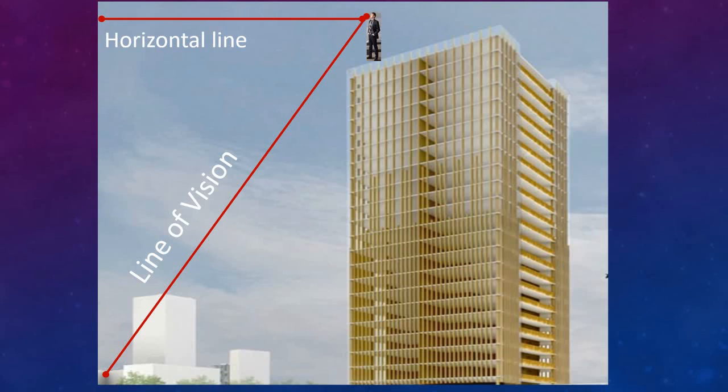So between the horizontal line and line of vision, there forms an angle. That angle is called as angle of depression. So basically, angle of depression is formed when the person is looking below the horizontal line.